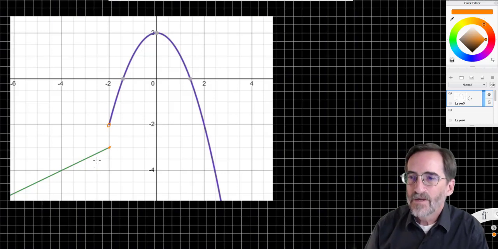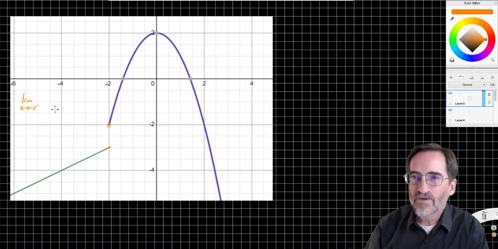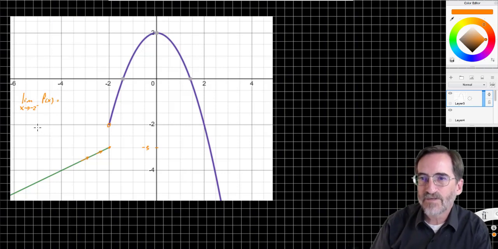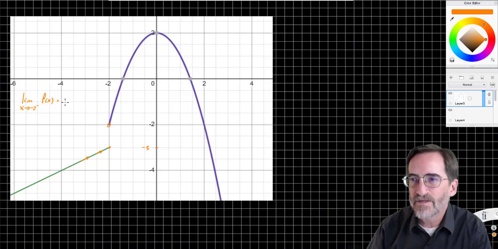Okay, so what is the limit? The limit as x approaches -2 from the left of this function. Well, as it approaches from the left, the function value gets closer and closer to -3. So the limit of f of x as x approaches -2 from the left side is -3.